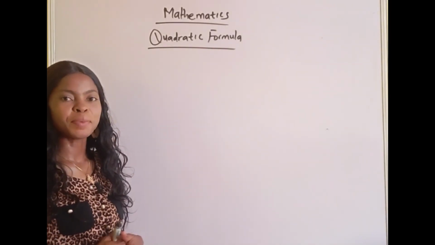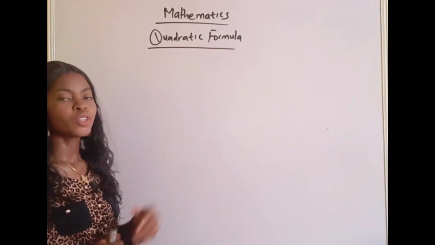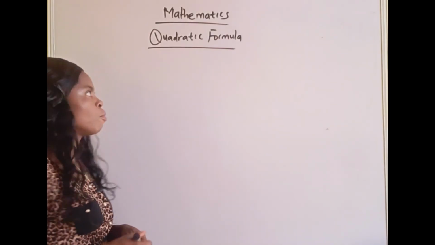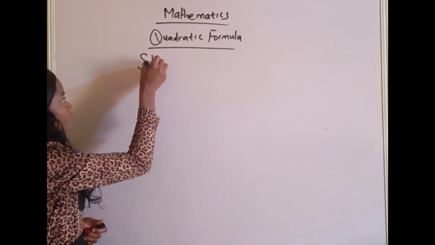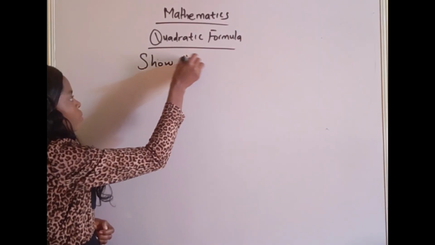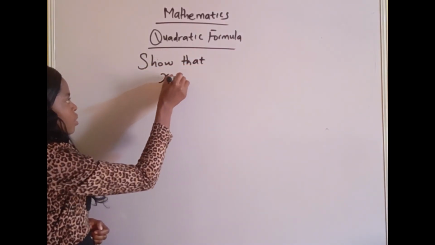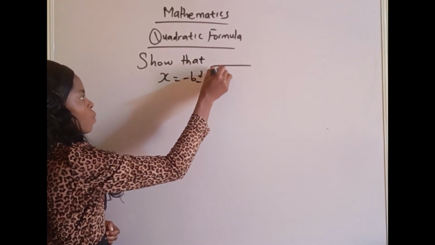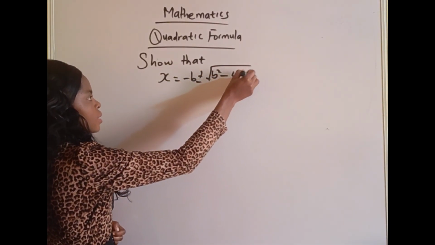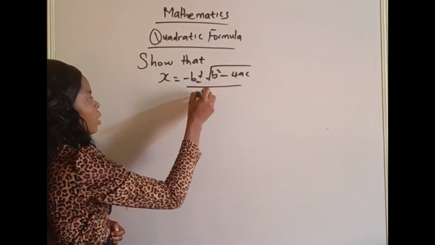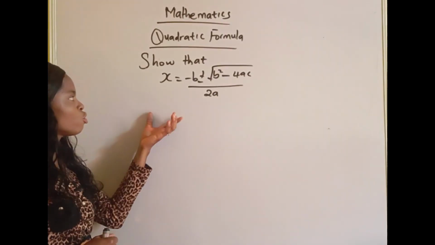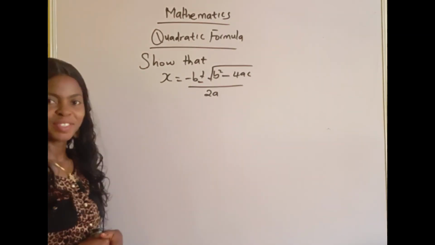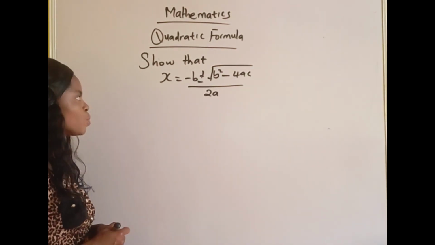Hi everyone, welcome back. We want to look at the quadratic formula, how to derive the quadratic formula. Show that x is equal to minus b plus or minus root b square minus 4ac all over 2a.